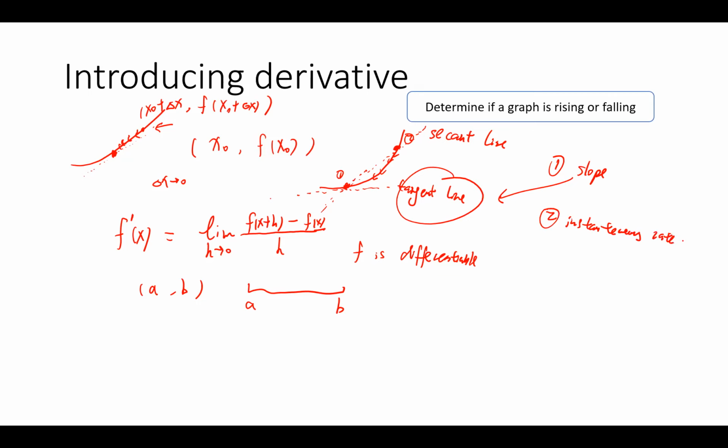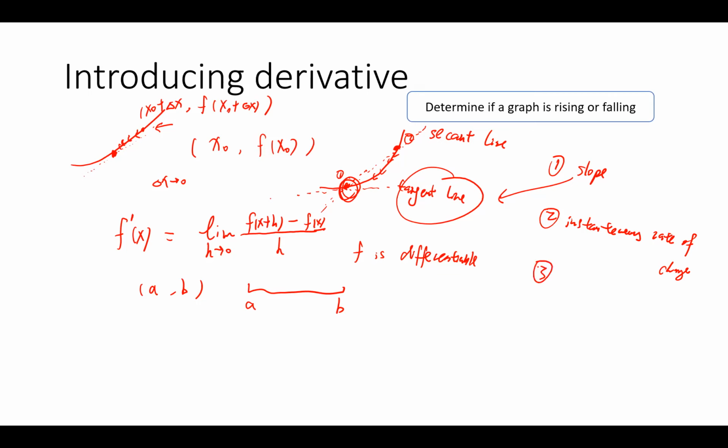Because we talk about how fast something changes, how fast y changes when there's a change in x. The derivative measures this at a specific point, x0. The slope gives us a sensitivity in terms of how fast y changes.